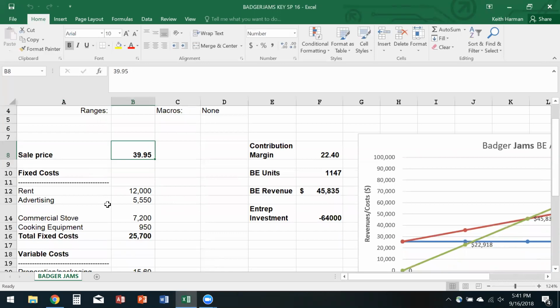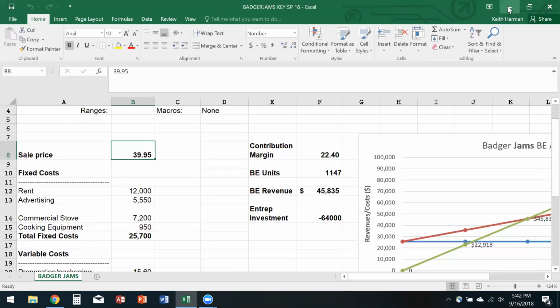Now, when you study and you look at break-even analysis, the first thing you have to understand is the concept of total costs, the total cost equation. And total costs equal fixed costs plus variable costs.